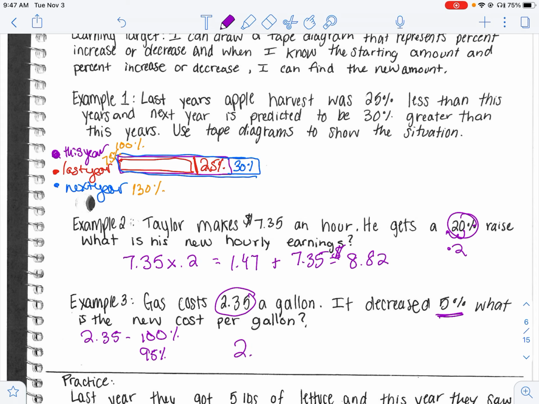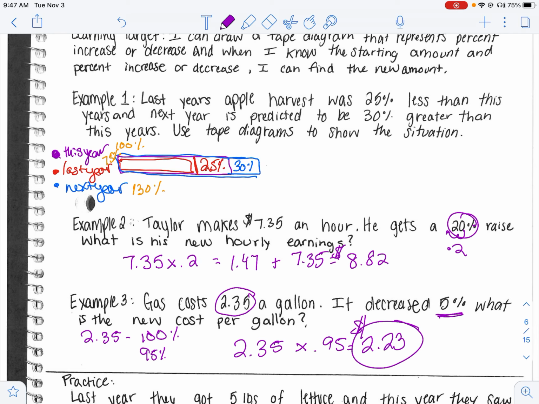So if we multiply 2.35 times 0.95, we get $2.23. That's our 5% decrease. This is the new amount of how much the gas per gallon costs.